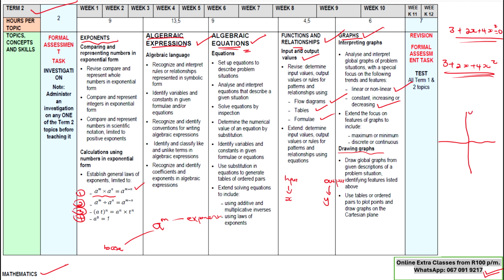And we know that this will be our y-axis, and this will be our x-axis. And then here we will have our 0. On this side, we will have negative values, and on this side, we will have positive values, right?